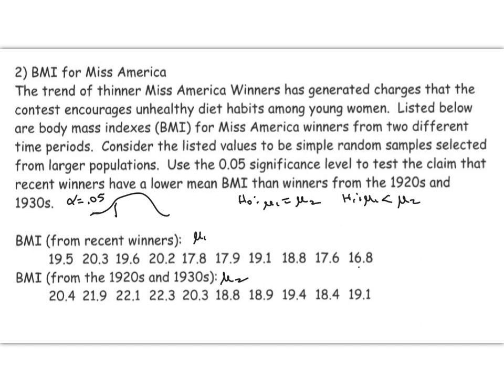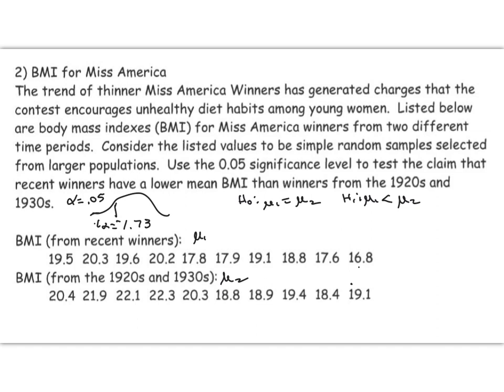I have 10 pieces of data in each list. Minus 2 is going to be 18 degrees of freedom. And that gives me a T alpha of negative 1.73.